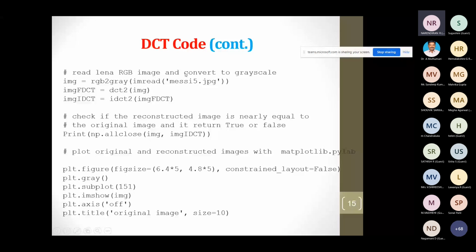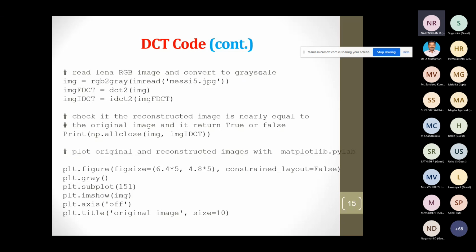Once you read the file, it is going to give you the RGB values, right? RGB means red, green, blue format. Then next, I'm going to convert that into gray. There is a function called rgb2gray that I'm going to use on the imread. Once it is read and converted into grayscale, it is going to store it in the img variable. A variable name called img will keep the gray value of messy image.